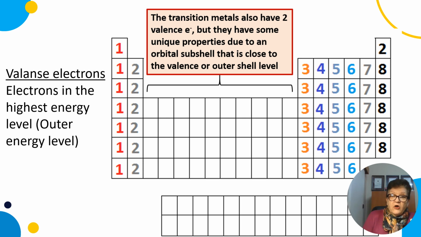And then we move on to group 13, and now you ignore the one in front of the 13, 14, 15, 16, 17, and 18. You will see elements of group 13 have 3 valence electrons, group 14, 4, group 15, 5, group 16, 6, group 17, 7, and all the elements of group 18 except for helium have 8 valence electrons.